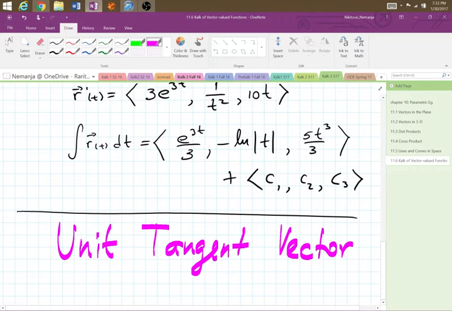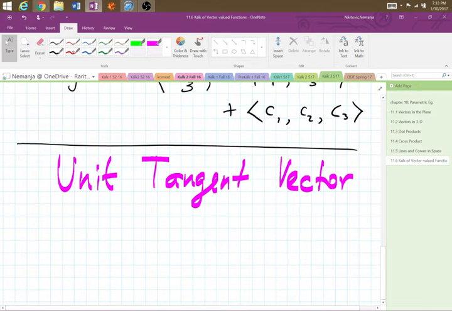Unit tangent vector. Unit tangent vector T is the derivative of vector r divided by its magnitude.